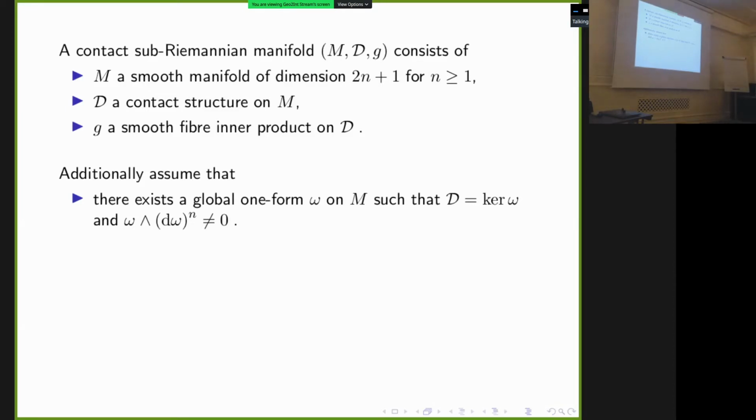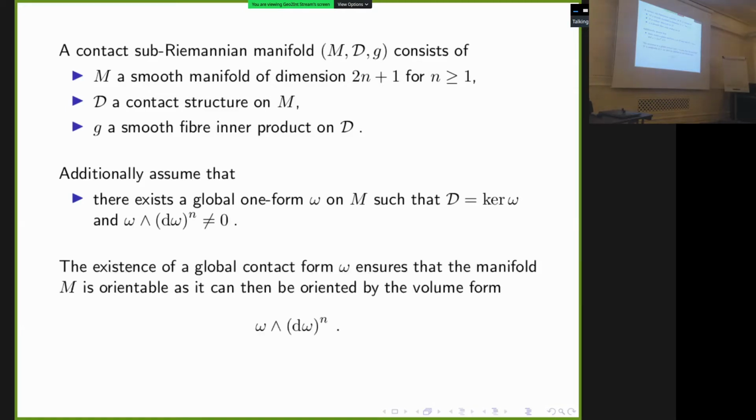But we will assume that there actually exists a global one form omega on M, so that your distribution is of this form. The reason we're assuming this is that the moment you have a global one form, you induce an orientation on your manifold M, which will be very helpful throughout, because this then defines a volume form on M. It's non-degenerate by assumption, and this will sort out a few subtleties.